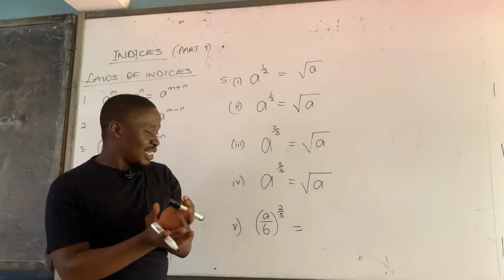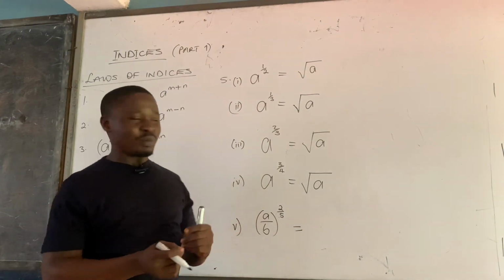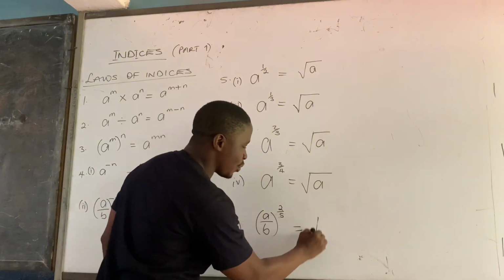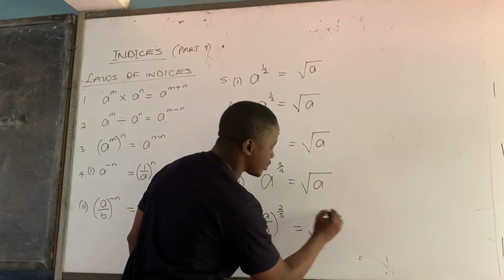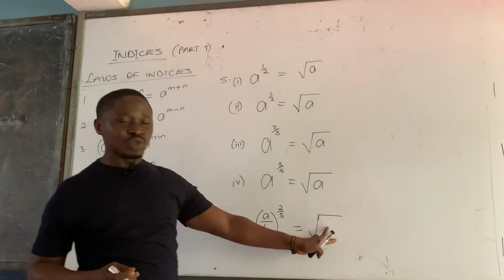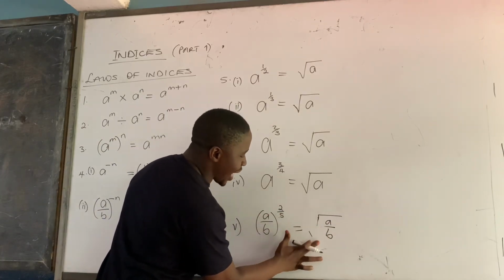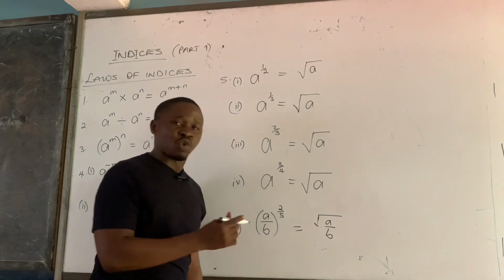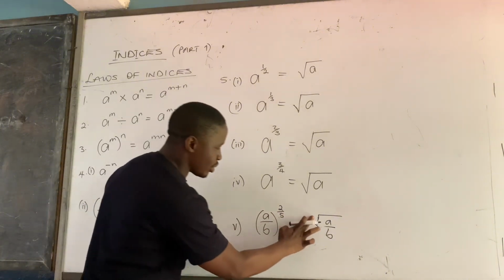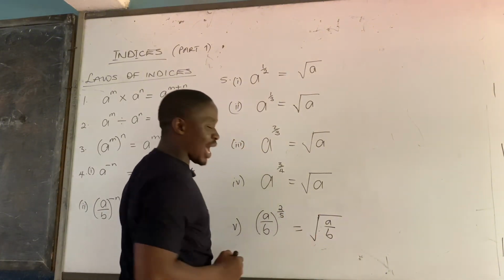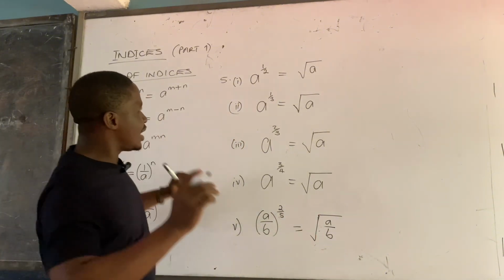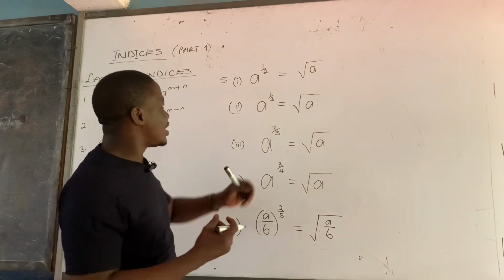The most important thing is the power is a fraction. So because the power is a fraction, we have our root. What should be in the root is the base. This is A upon B. But bear in mind that the root is supposed to cover down to the denominator. So this is what we have. Now it's not over.